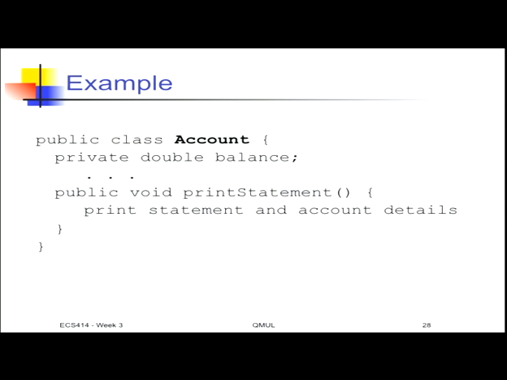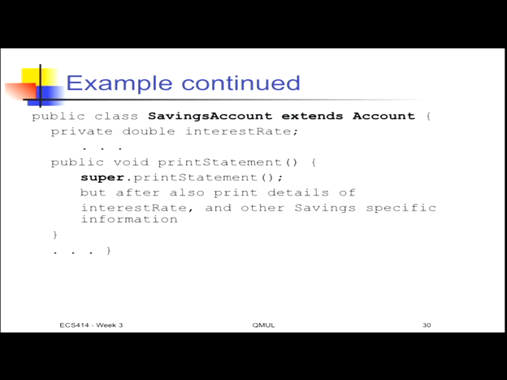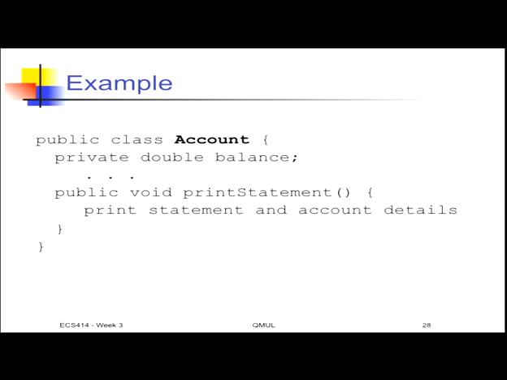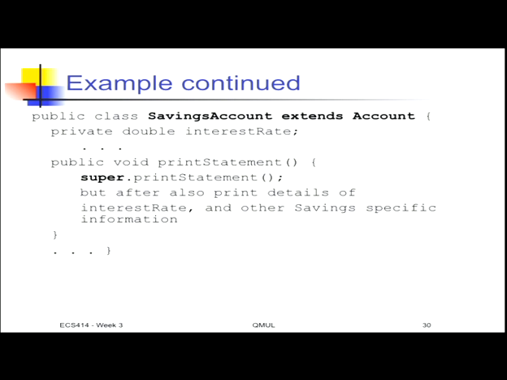Now we have a subclass of account, and now we use the same name as in the superclass, but now we want this method to do whatever printStatement was doing in the superclass plus something else. So how do we do that? We do super.printStatement. This statement here is going to call this. And then we do whatever we want. Yeah? Thank you.